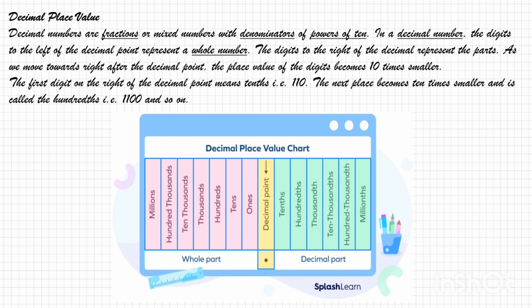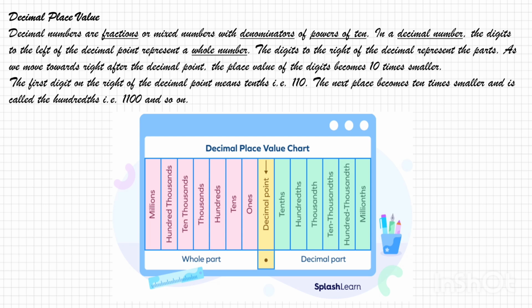Decimal place value. Decimal numbers are fractions or mixed numbers with denominators of powers of 10. In a decimal number, the digits to the left of the decimal point represent a whole number. The digits to the right of the decimal represent the parts.